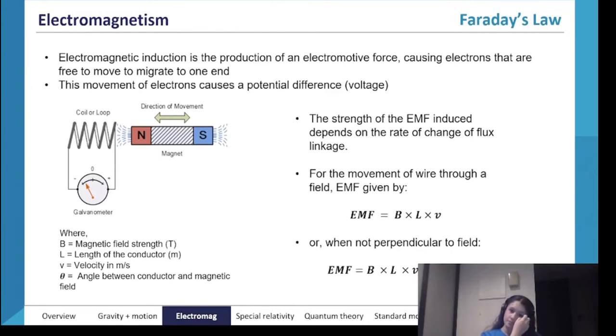Electromagnetic induction is the production of an electromotive force, causing electrons that are free to move to migrate to one end. As a result of this movement of electrons, a potential difference is going to be caused, or in other words, a voltage.